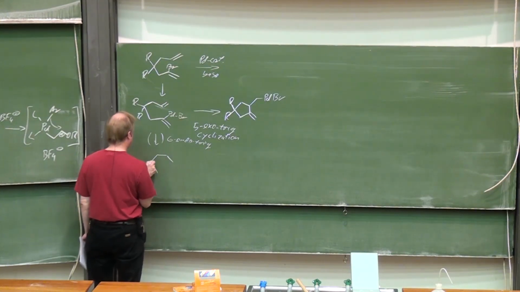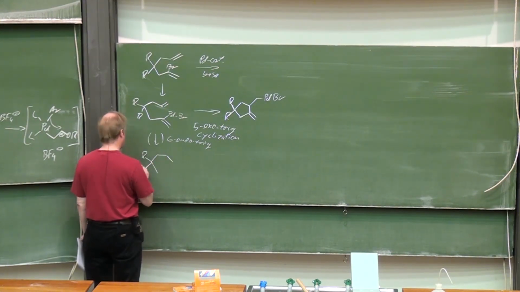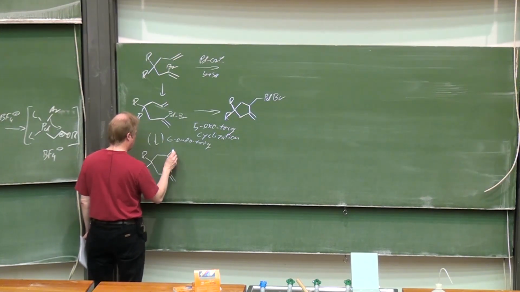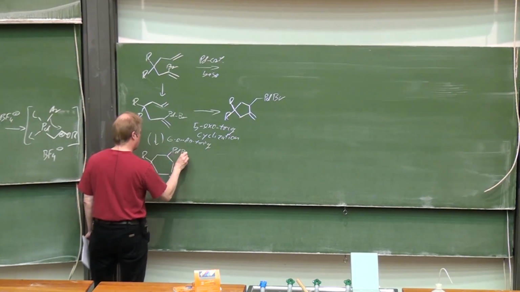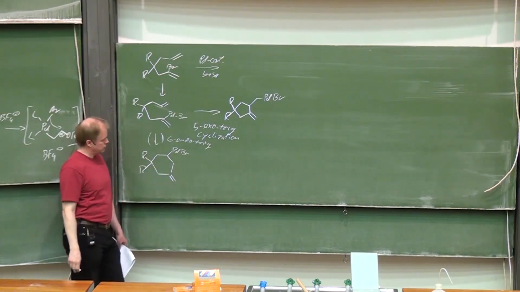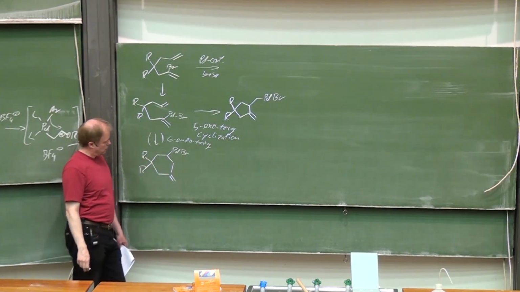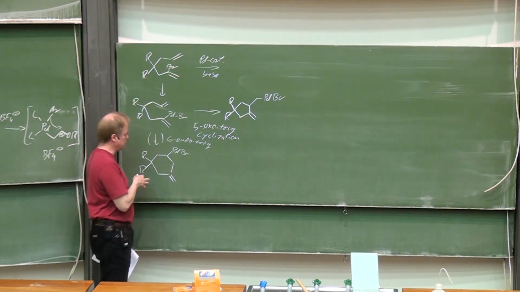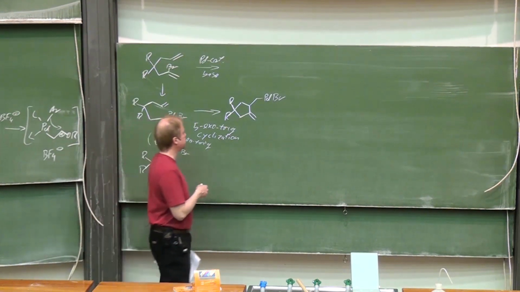Let's have a look what the competing 6-endo-trig process would deliver. So, as I said, this is a minor competing process in general.